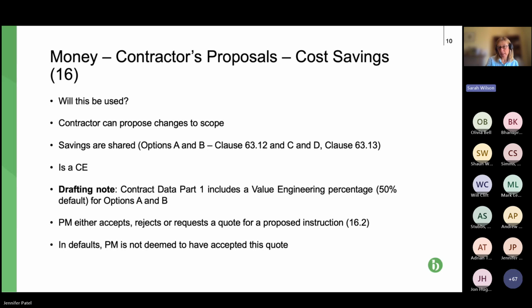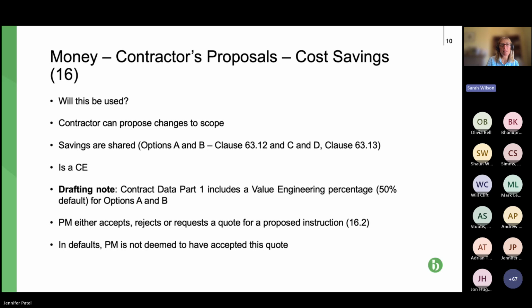None of the default measures apply, so contractor can't say, oh, well, I proposed the changes, PM didn't respond, and therefore they're deemed accepted. It needs to be expressly accepted by the PM.